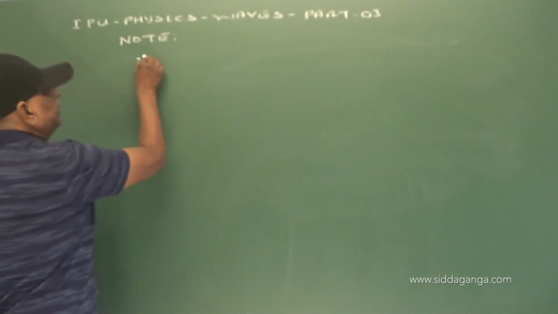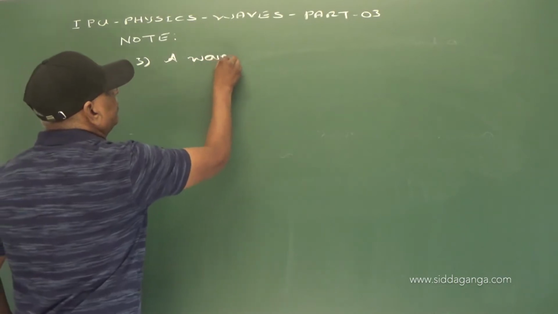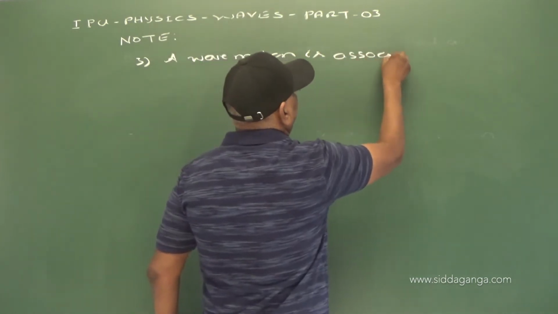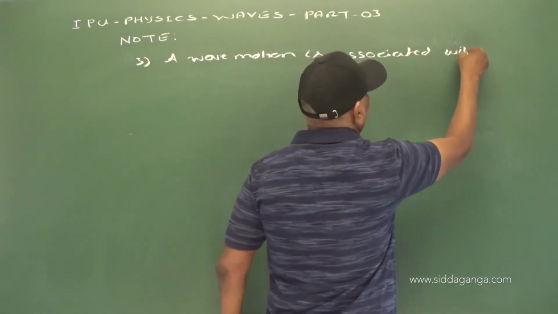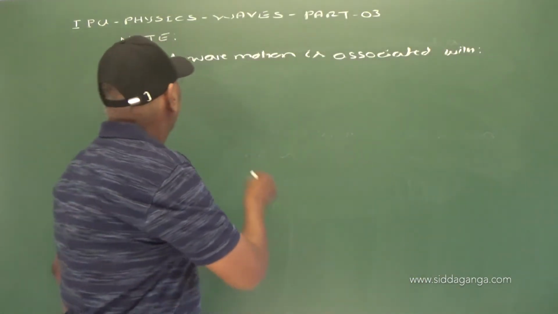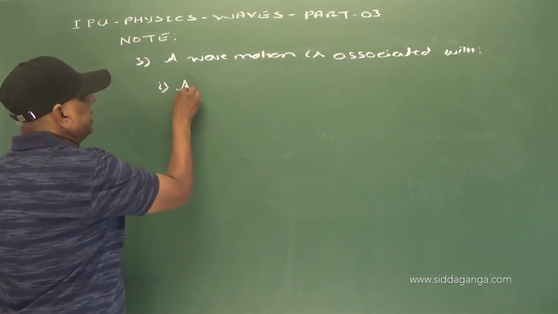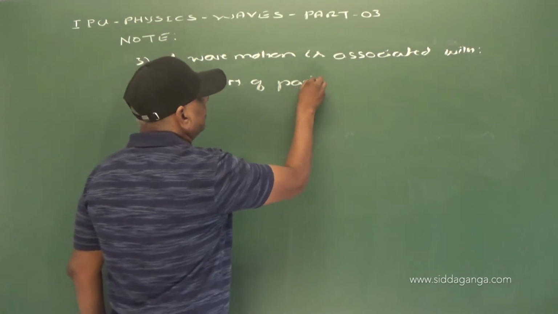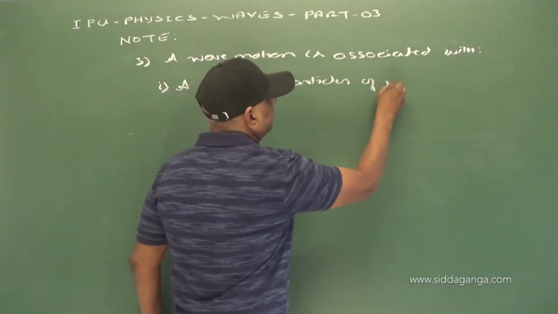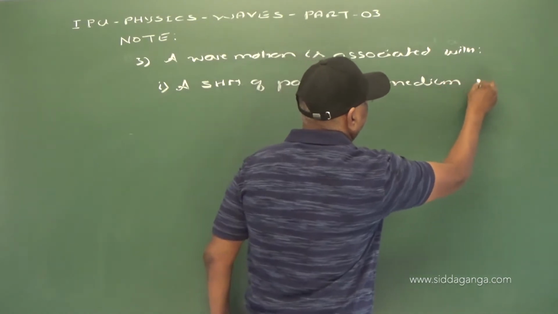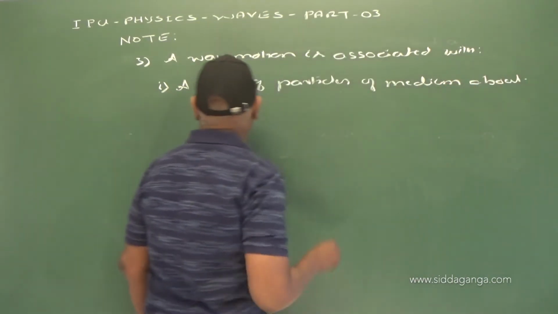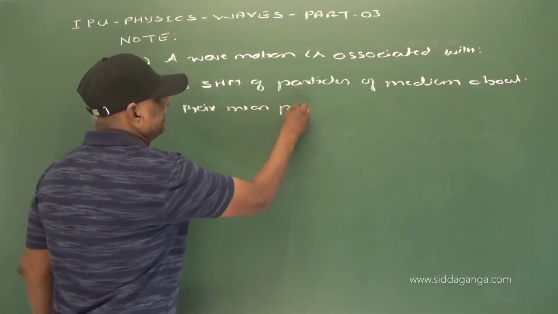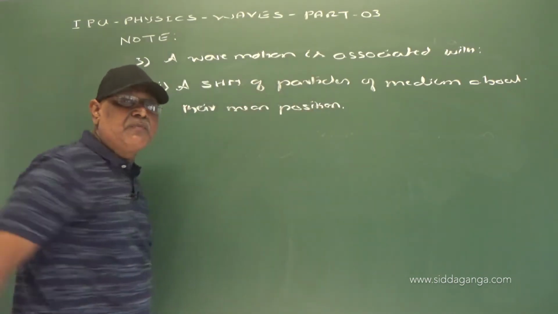So third one, a wave motion is associated with number one, a simple harmonic motion of particles of medium about their mean position. This is number one.